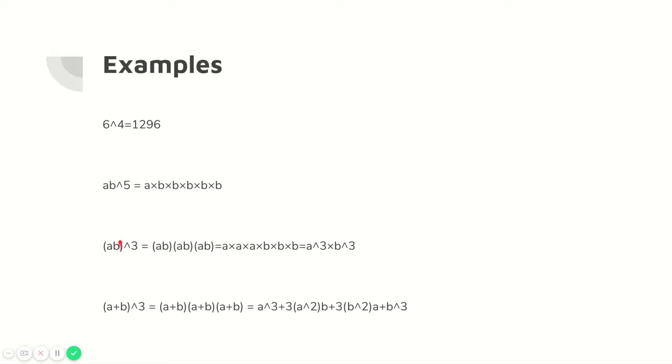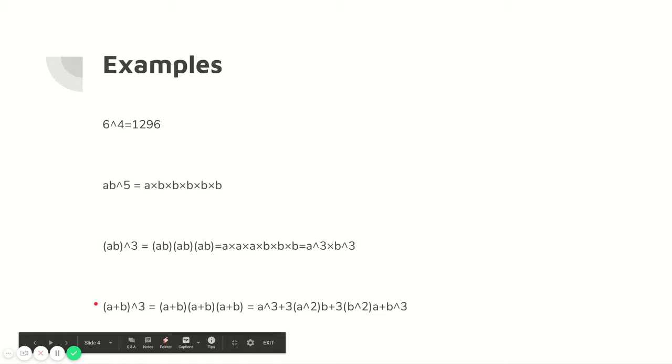We have both brackets and exponents. However, because we know better, we're not going to do a times b, like 3 b's. We're actually going to have a, b in brackets times multiplying itself 3 times. And if we just simplify this, at the end we get a to the power of 3 times b to the power of 3.